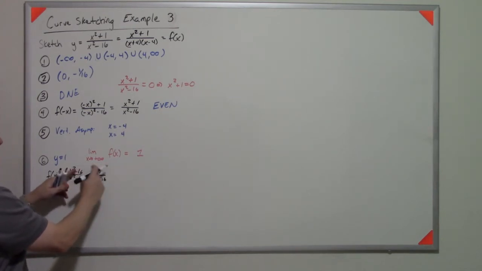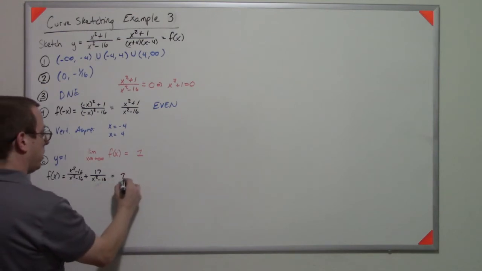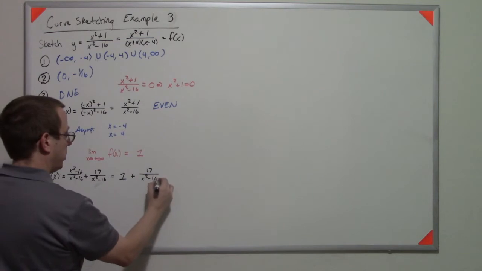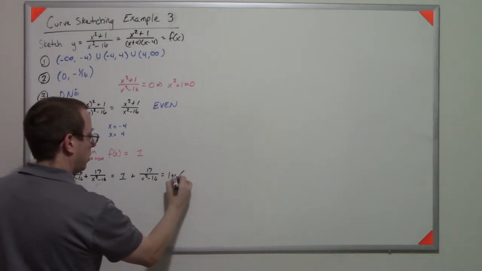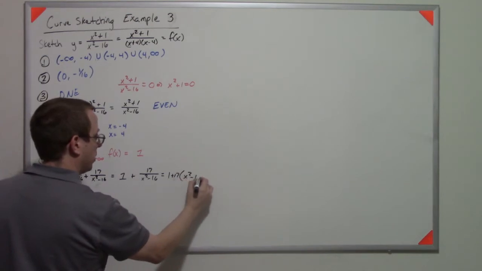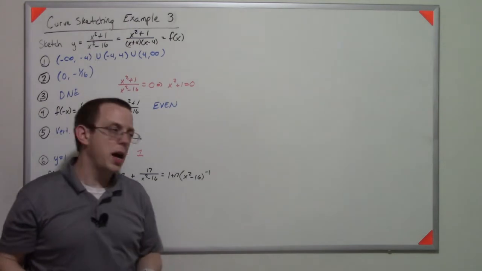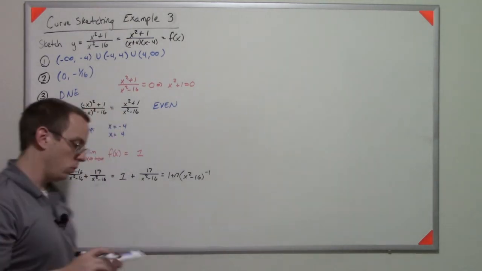Because 1 splits into negative 16 plus 17, that allows us to write this as 1 plus 17 over x squared minus 16, or 1 plus 17 times x squared minus 16 to the negative 1. The reason why we like to do that is because it's going to make taking our derivative easier using the chain rule.